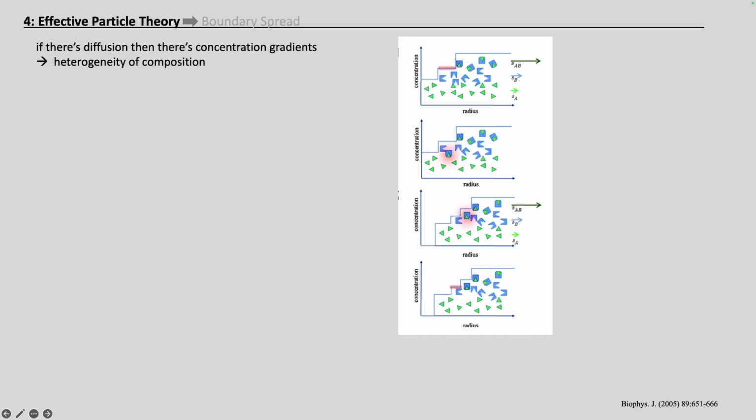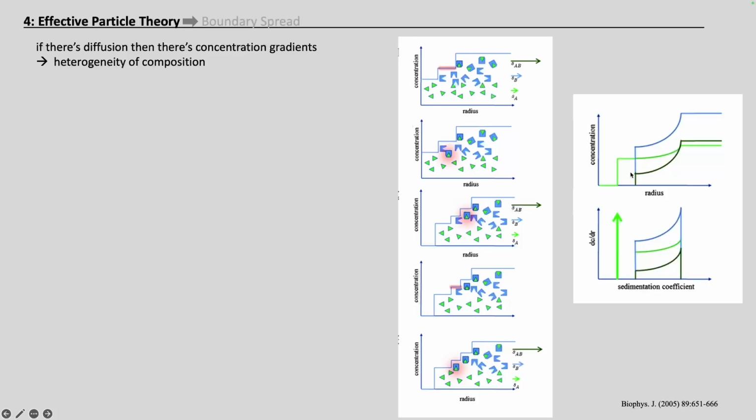And as this goes on, we arrive at a concentration gradient, even though we have not talked about diffusion. And in the time-honored transformation of the radial to velocity axis, we'll see how this concentration gradient actually transforms into polydispersity in sedimentation velocity. And this is a consequence of the changing composition within the reaction boundary.